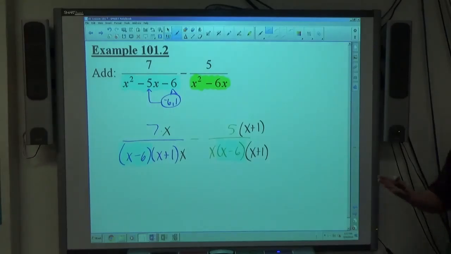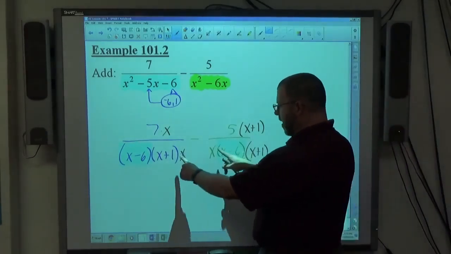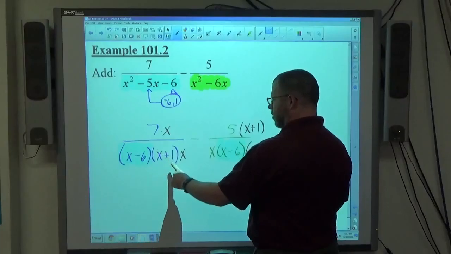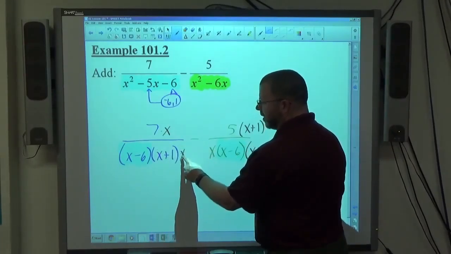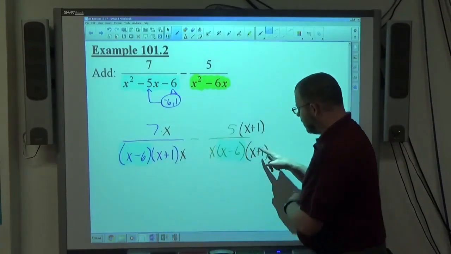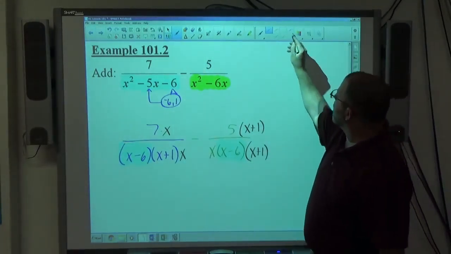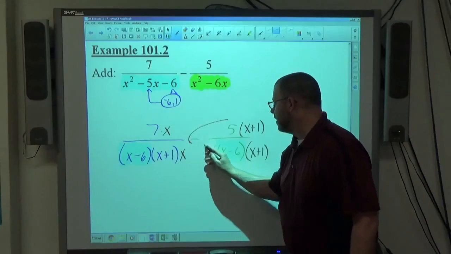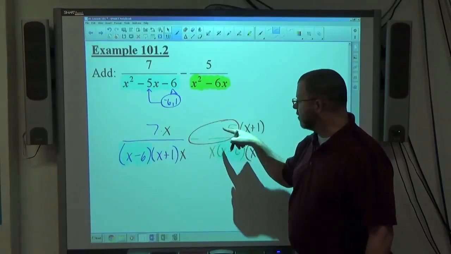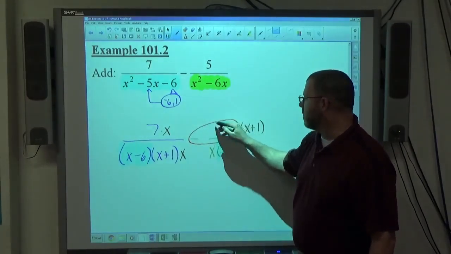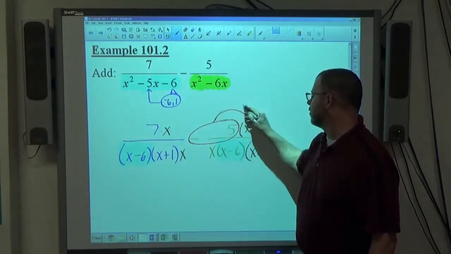Again, my goal is to get both denominators to have all the same pieces. Now they both have x minus 6, they both have x plus 1. This x wasn't there, so I had to put it on top and bottom. This x plus 1 wasn't there, so I had to put it on top and bottom. And just like the last problem, and again it happens a lot, there's a minus sign in front of the second fraction that's attached to the 5 that's on top of the fraction that's going to distribute through this parentheses.